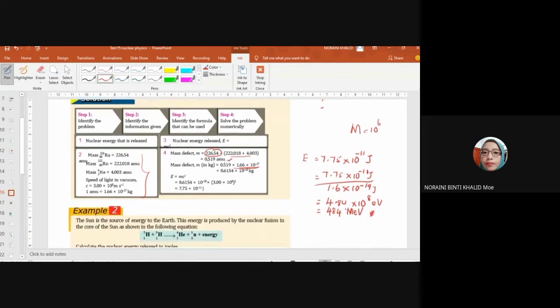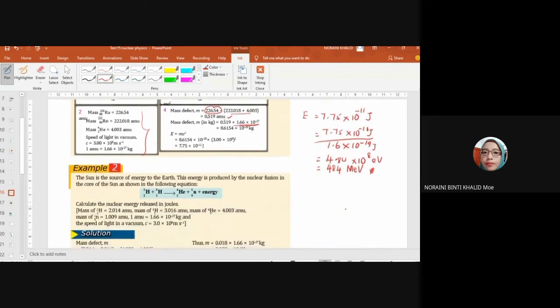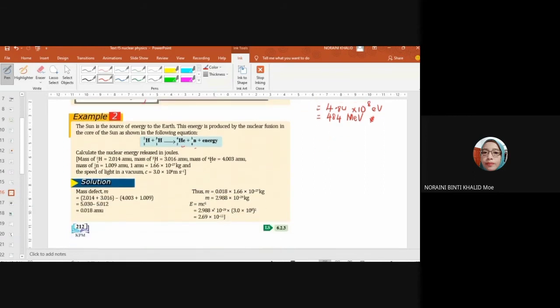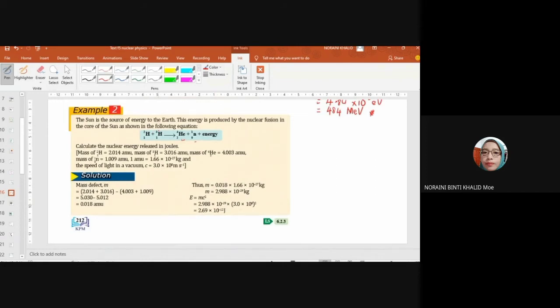Okay, look at example 2, nuclear fusion. One deuterium combined with tritium to form helium and release one neutron and energy. So calculate the nuclear energy release, same thing, E equals mc squared. Find the mass defect, total mass before minus total mass after.